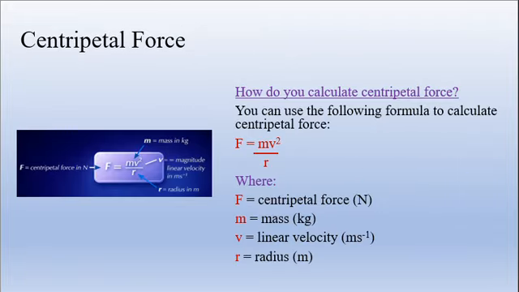So now let's have a look at how we calculate centripetal forces. One equation to calculate centripetal force is F equals mv squared over r. In other words, centripetal force equals mass times velocity squared over radius.